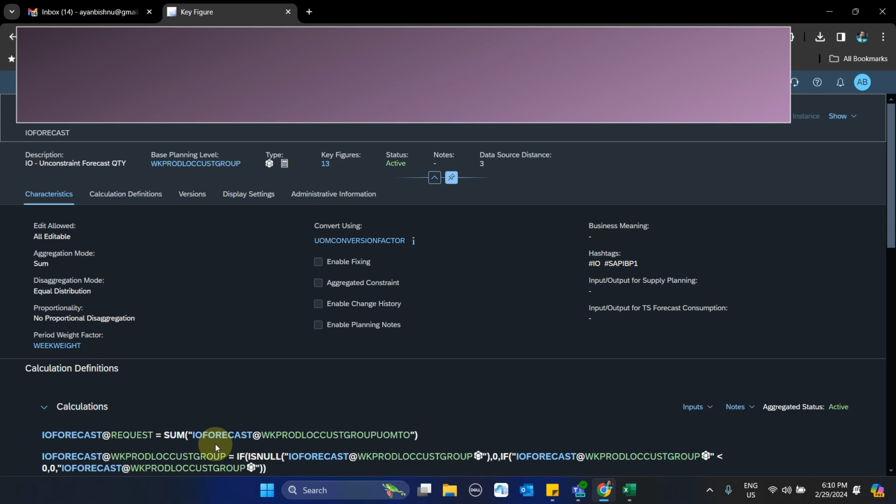Because while I calculate demand variability, I need to look into the actual sales and the forecast in the past. Based on that, I generate the demand variability or covariance, which is then used as an input in IO to determine what should be my recommended safety stock based on demand variability.